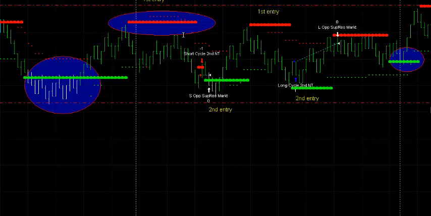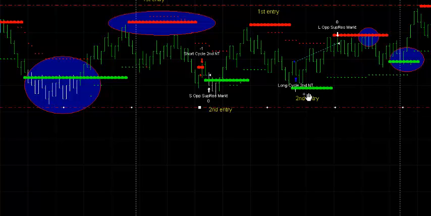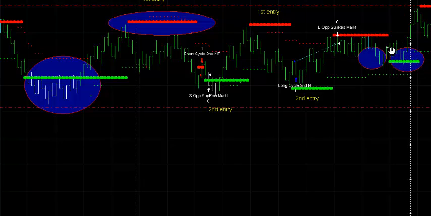Then what happens here is we get a kind of a trend set up here, so we can't take that one there. So there's the second entry that takes a short. Then you've got your first cycle there, then you've got your second there. So you've actually got your cyan and white here, which break the sequence. So that breaks the sequence of trades.